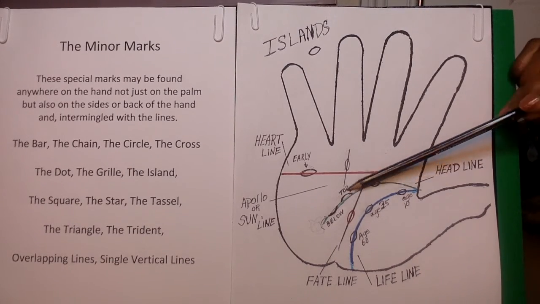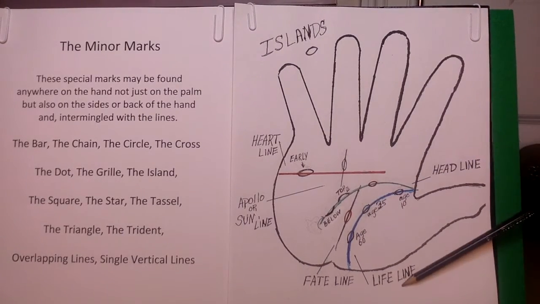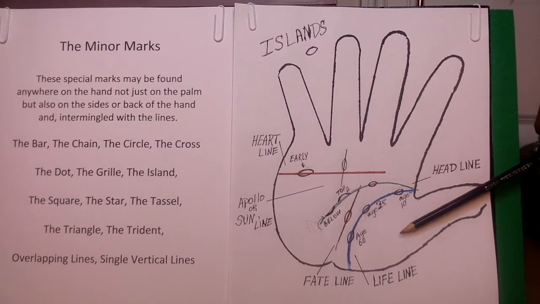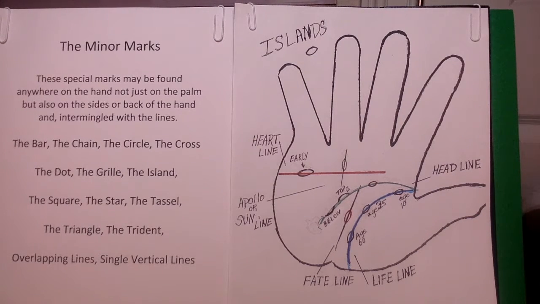Here is the head line with several islands. Here is the lifeline with several islands, okay? All right, we've established that it's a sign of where you're going through a period of restriction, and also their presence on a particular line can also reveal a physical weakness.